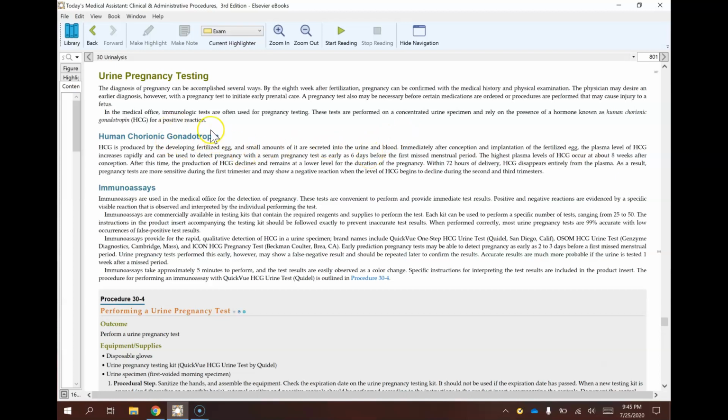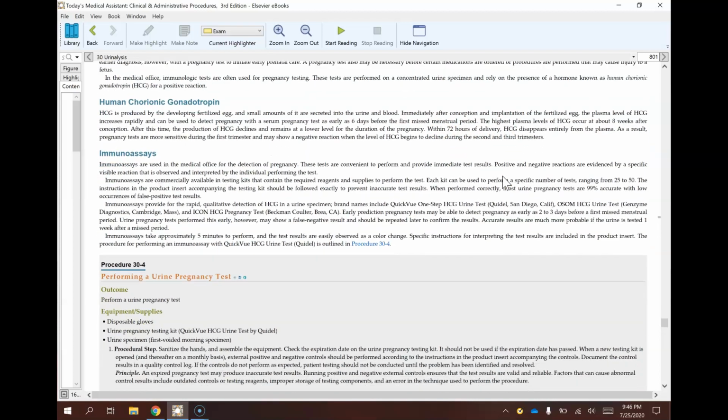What they're looking for in the urine is a substance called HCG, which is human chorionic gonadotropin, and that is present when there is a fertilized egg in the woman's body, and so that hormone is released, and you can see it. It would be discovered with a pregnancy test.